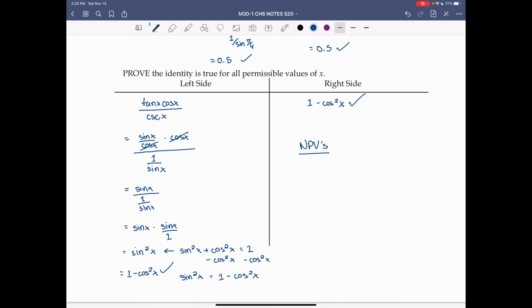So our NPVs were that cos x cannot equal 0, therefore x cannot equal pi over 2 plus pi n, where n is an element of the integers, and sin x cannot equal 0 since we have cosecant in this identity, so x cannot equal 0 plus pi n, where n is an element of the integers.